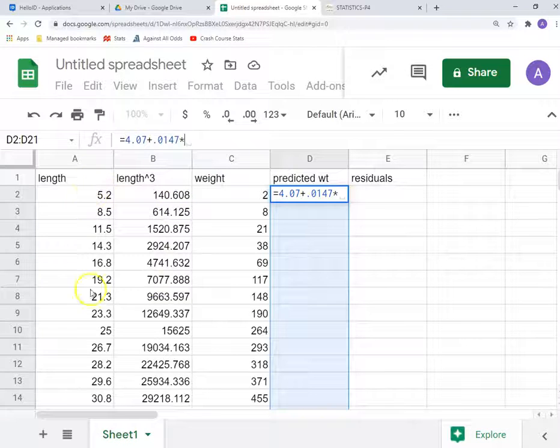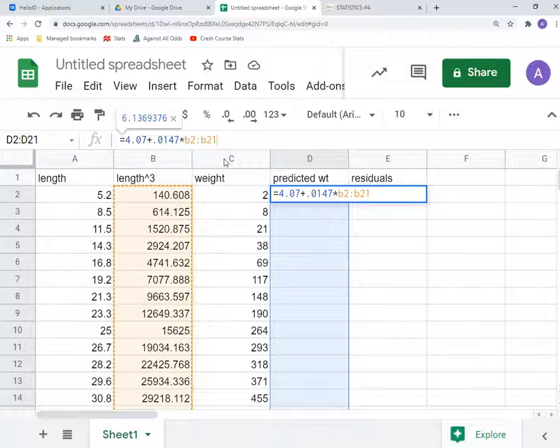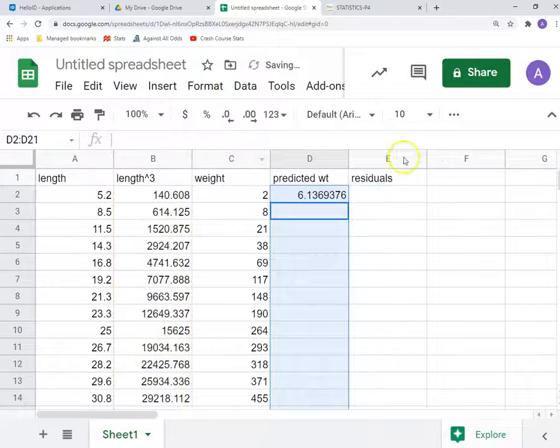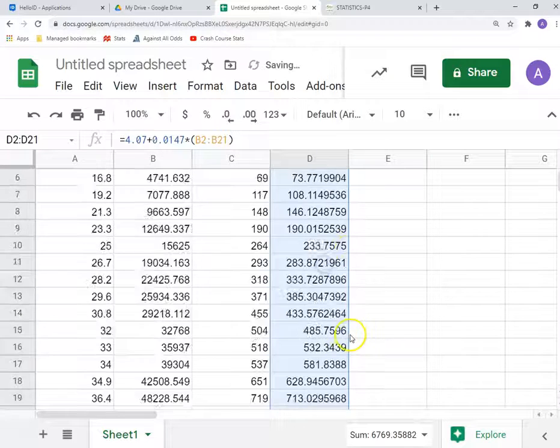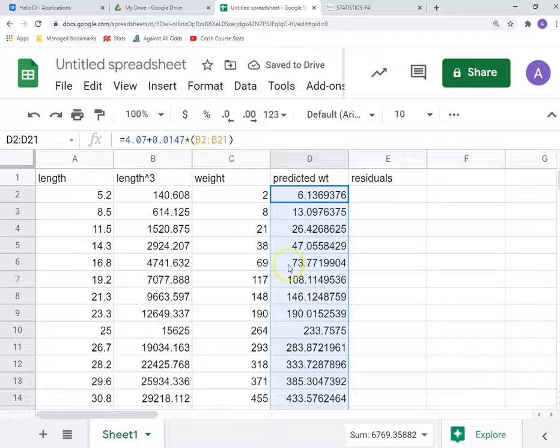Instead of having to cube all these, we already have them all cubed, so let's use those as our x's, from B2 to B21. I should probably put that in parentheses. Then I'm going to drag to fill in. So there's all my predicted weights.